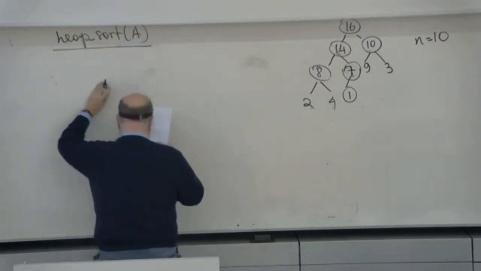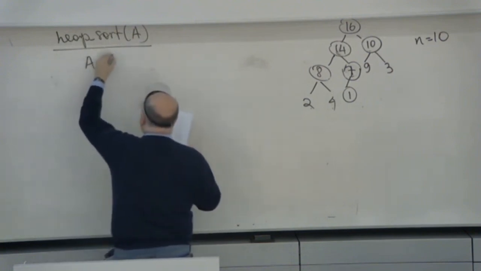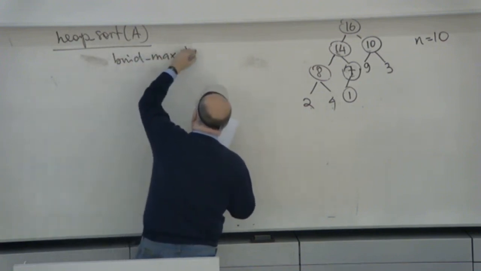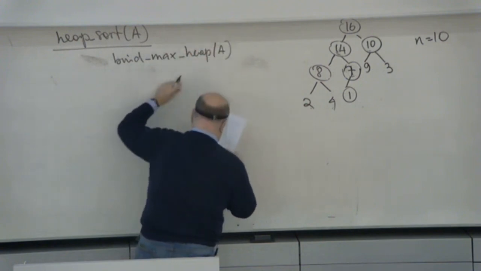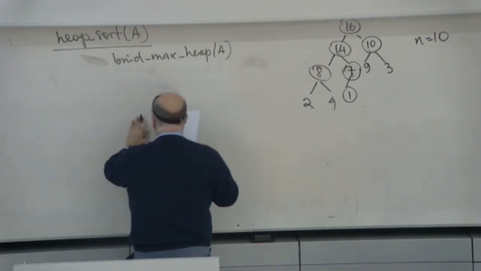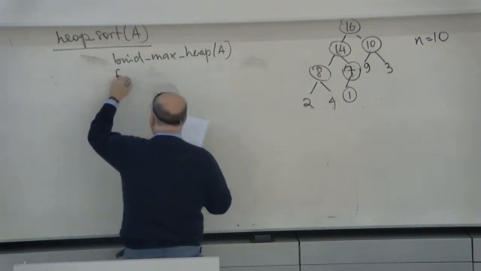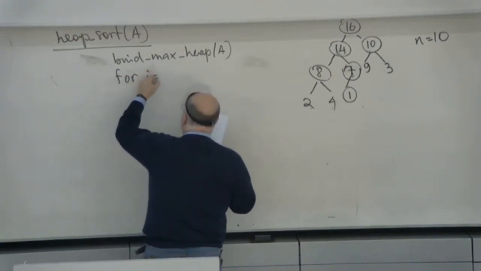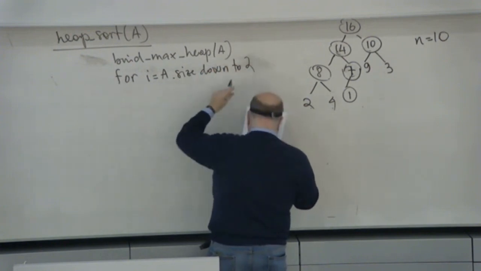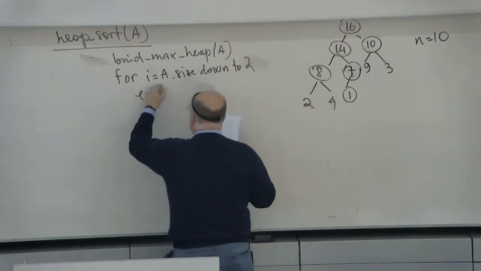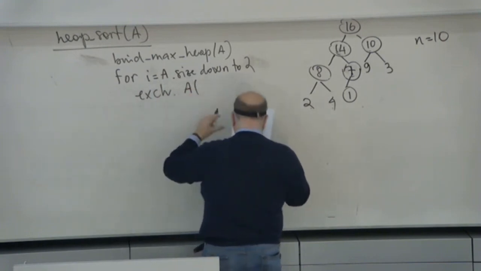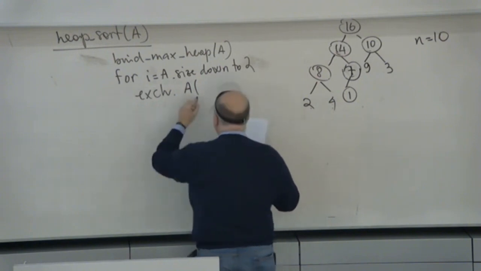First of all, you build max heap of A. And then for i that goes from the size of A down to 2, exchange A[i] with A[1].